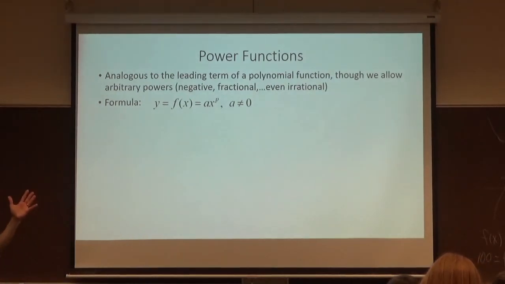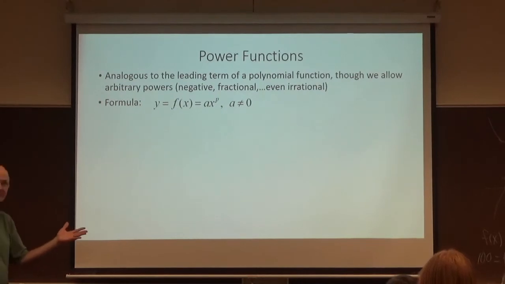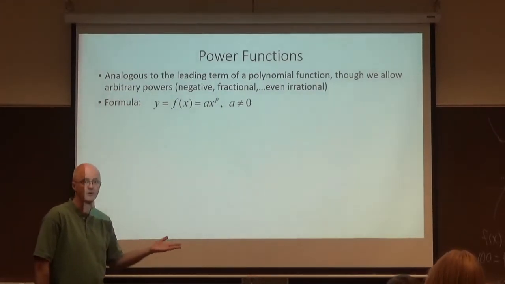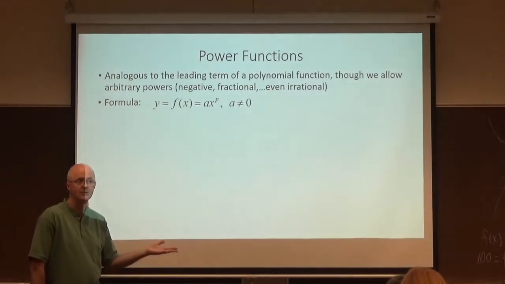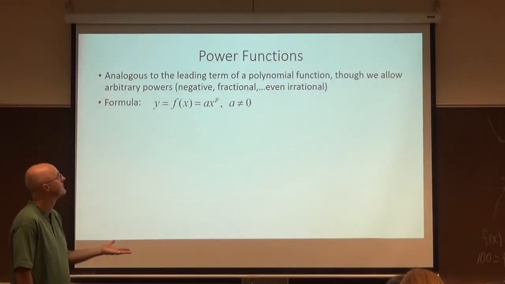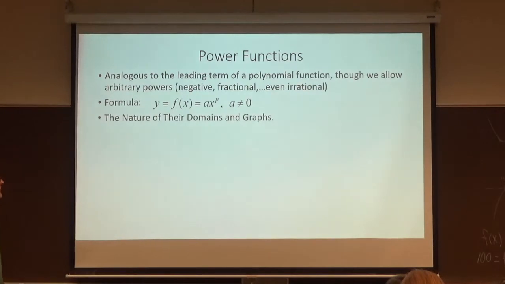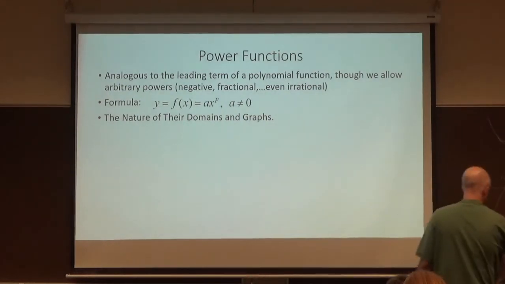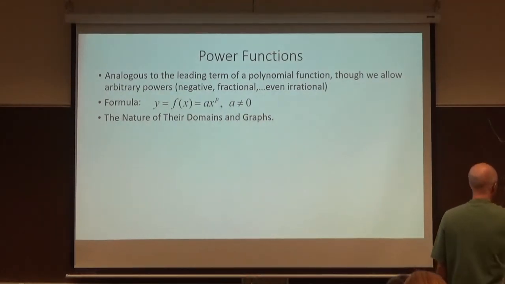The p could be negative. It could be -2, for example. It could be fractional. It could be 1/2 or 1/3 or 2/3. These get a little tricky as far as thinking about their domains and graphs, especially when p is fractional.